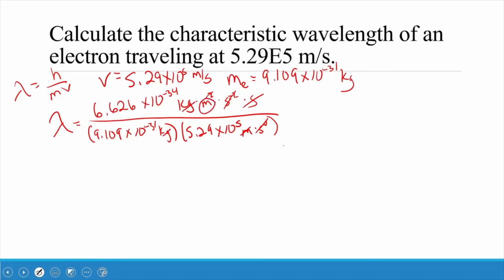Okay, so that leaves us with meters. And you get 1.38 times 10 to the negative 9th meters.